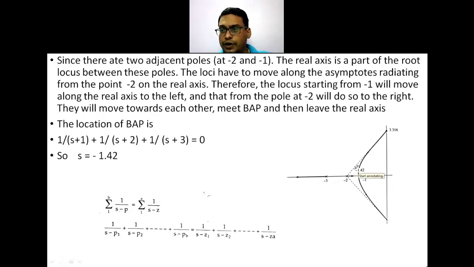This is your pi by 3, this is your pi, and this line is making 5 pi by 3. All these three asymptotes have been drawn, starting from the center of gravity of -2. Then we have plotted the breakaway point at -1.42.